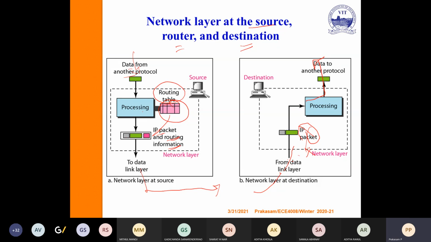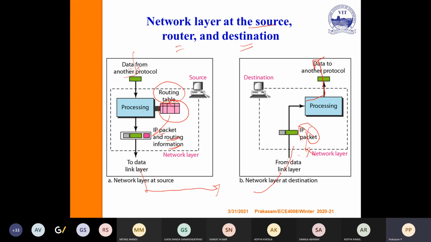If you see here on the source side, depending upon the destination IP address, it will update the routing table. Then it will add the routing information along with the IP packets. Depending upon the routing information, it will identify the destination. While receiving at the destination, the routing information will be discarded on entering the network layer.